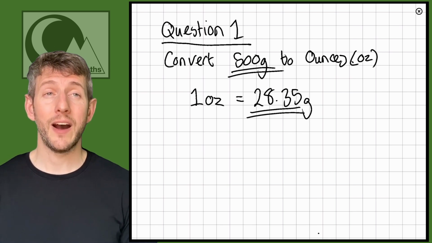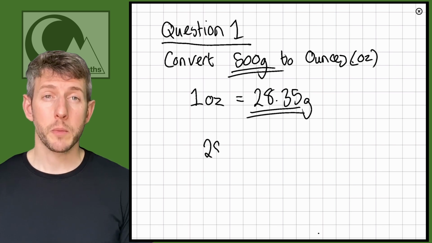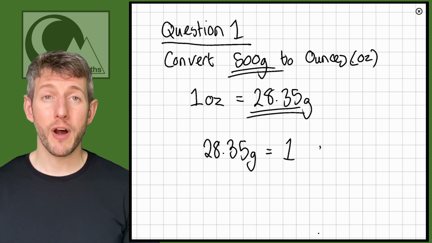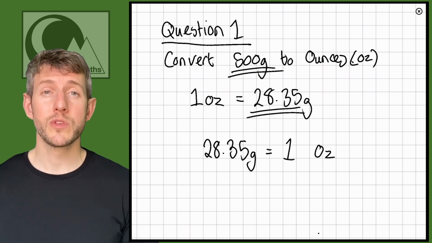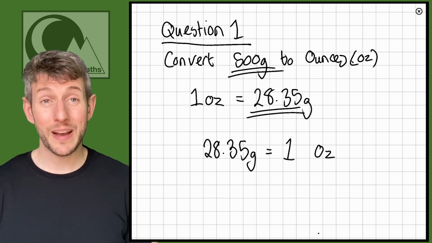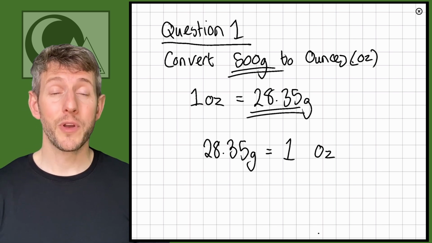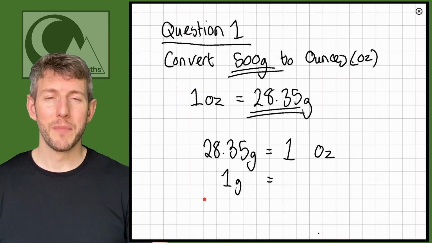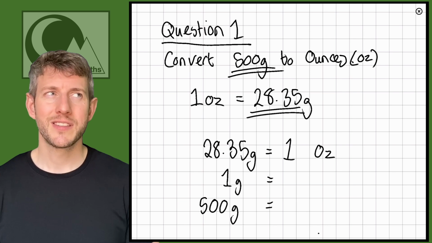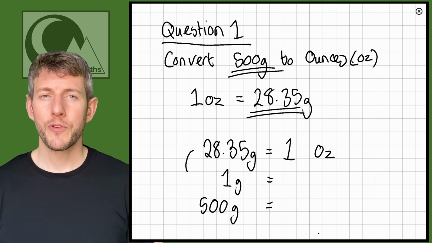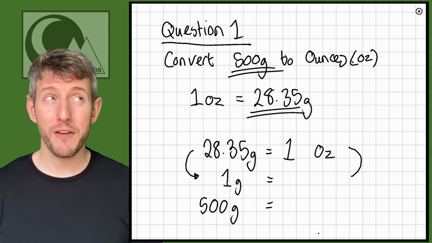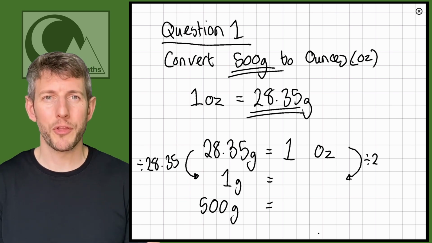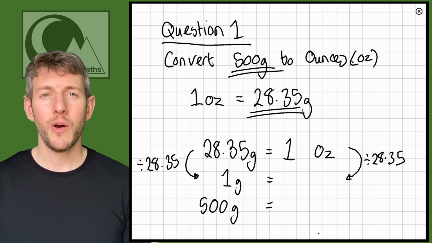We're going from grams to grams, so I'm going to put grams on the left: 28.35 grams equals 1 ounce. In order to find out what 500 grams is, I'm going to find out how much 1 gram is and then multiply that by 500. So I've got to divide both sides by 28.35 to find out what 1 gram is.